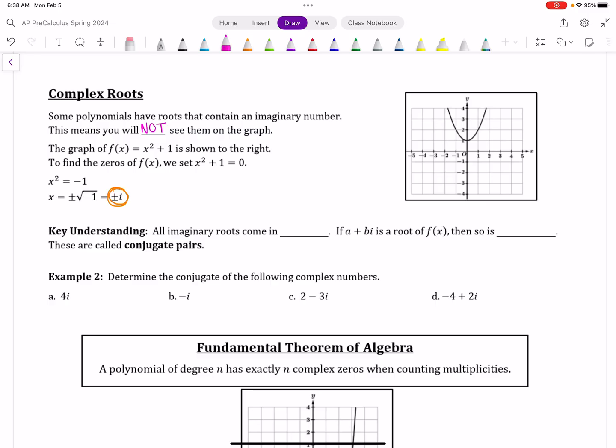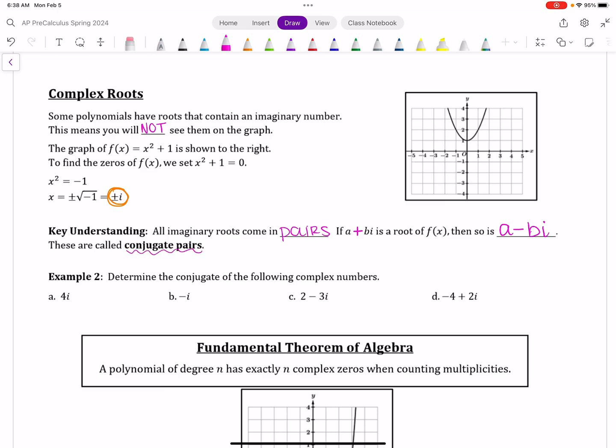And if you recall, all imaginary roots come in pairs. So if you have a plus bi as a root, then you must have a minus bi as well. And we call those conjugate pairs.